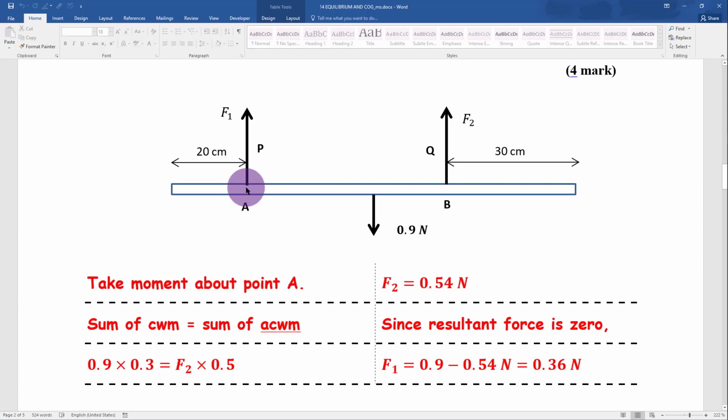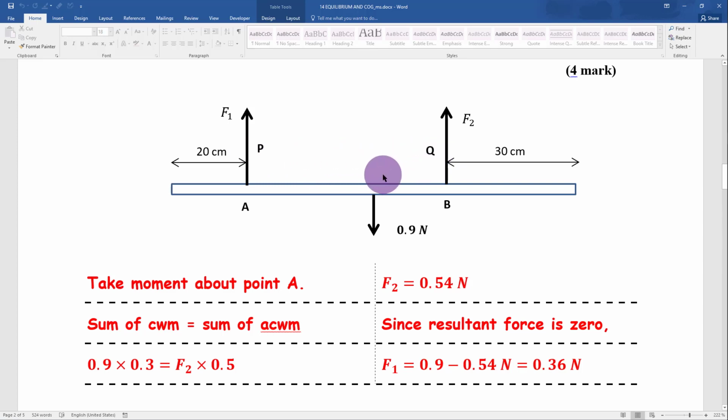We are going to see that clockwise moments are due to the 0.9 newtons, while the anti-clockwise moments are due to F2. So we are going to get 0.9 times 0.3, because we have to determine this distance, which is 30 centimeters, that is 0.3. We've also got to determine the distance from this point all the way to this point.